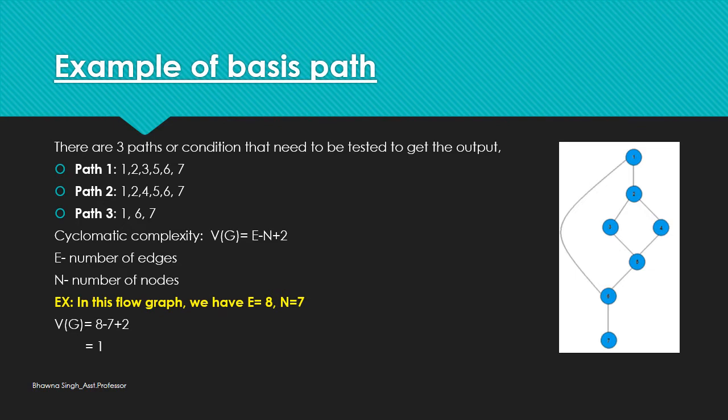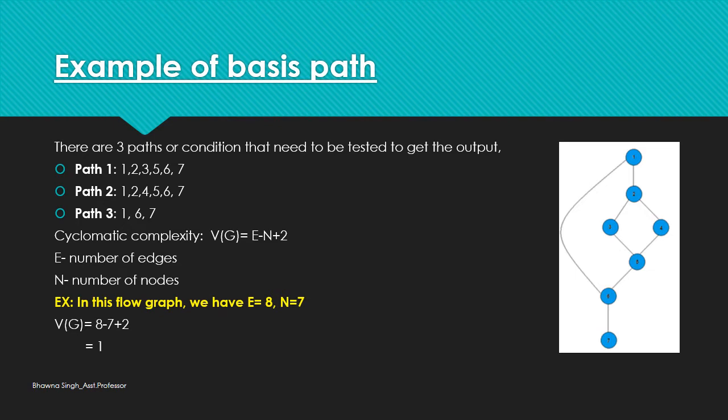So path 1 consists of nodes 1, 2, 3, 5, 6 and 7. Then we have the second path as nodes 1, 2, 4, 5, 6 and 7, and the third path has only 3 nodes, that is 1, 2, 6 and 6 to 7. So these are the basic 3 paths that we need to test in order to get the output.